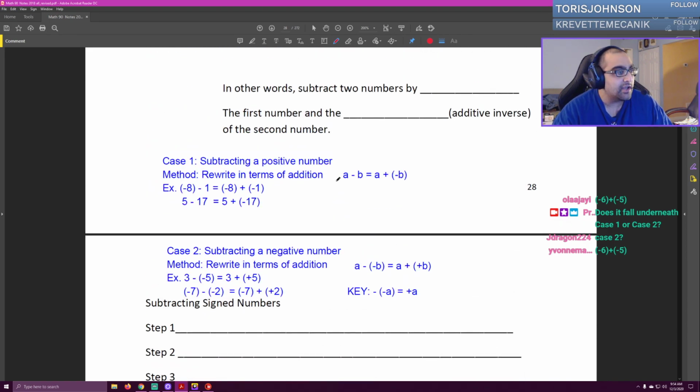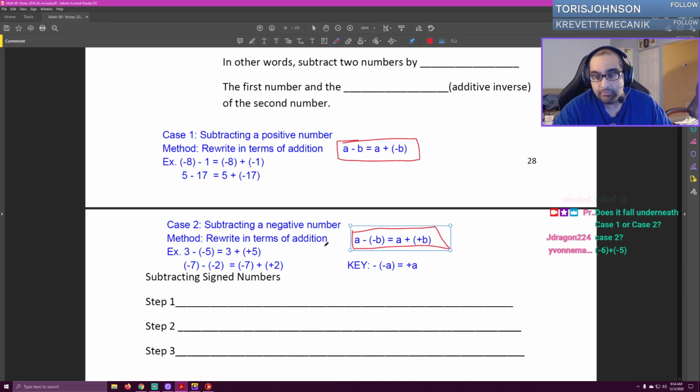So I actually have this case here, not this one. Note the difference between these two cases. There is a significant difference. Note this is a minus of a negative number. This is just minus of a regular number. That's why it's case 1 and not case 2.